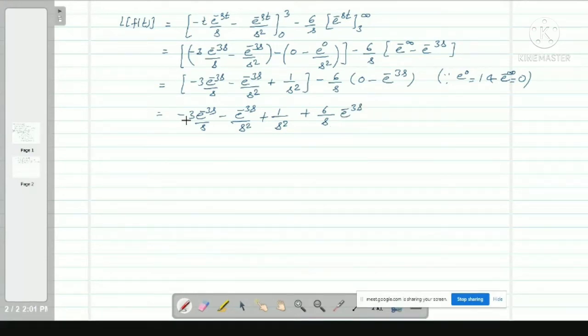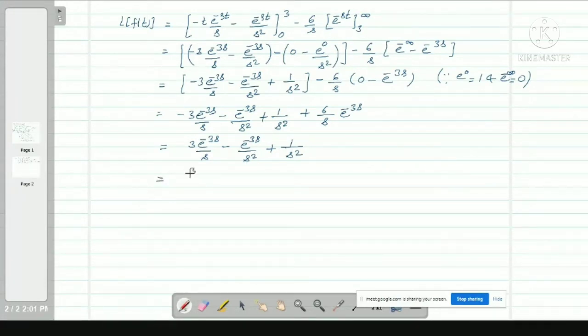Here 3 times, so this will become minus 3 times plus 6, that is 3 times e raised to minus 3s by s, and minus e raised to minus 3s by s square, and plus 1 upon s square. So what is the common term here?